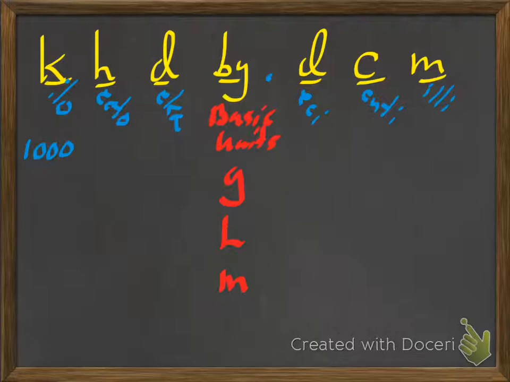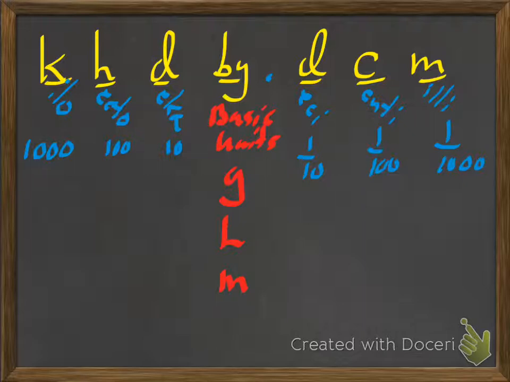So deci means tenths, centi means 1/100ths. I'll actually write this in. Milli means 1,000ths. Deca, on the other hand, would be the tens place, and hecto is the hundreds place. Now, the reason King Henry died by drinking chocolate milk is so useful.